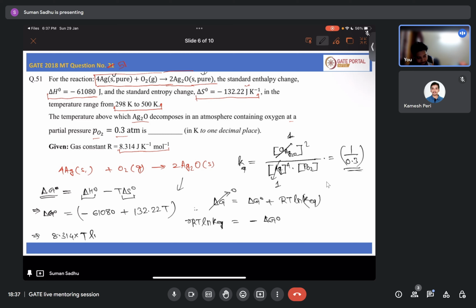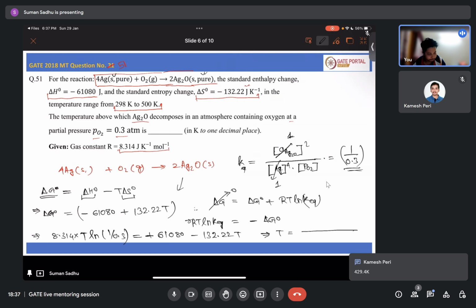And then ln of 1 by 0.3 is equal to minus of delta G naught by RT. Remember, minus of delta G naught means it will be plus 61080 minus 132.22 T. If you solve this equation, how much are you getting? Can you solve it and let me know?